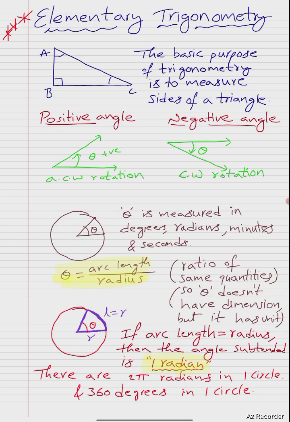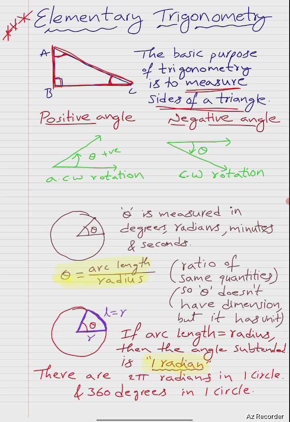Okay. So first, what is the basic purpose of trigonometry? In trigonometry, we measure the sides of the triangle. There are some more applications of trigonometry, but basically we deal with the sides of a right angle triangle, or any other triangle, and the angles associated with it.